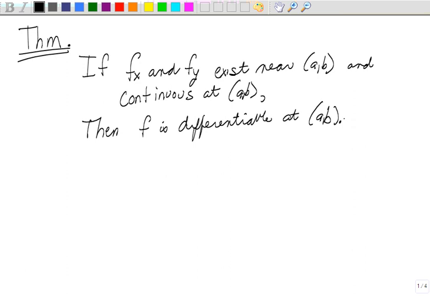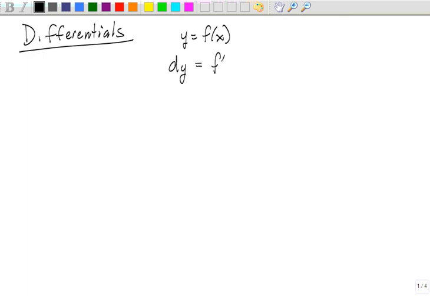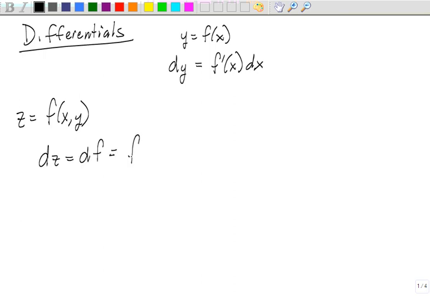Okay, then we'll talk about differentials. Let's look at the two-dimension case. In two dimensions, if y is f of x, then dy is defined to be f prime of x times dx. So if z is a function of x and y, then dz or df is defined to be the first partial with respect to x times dx plus the first partial with respect to y times dy.